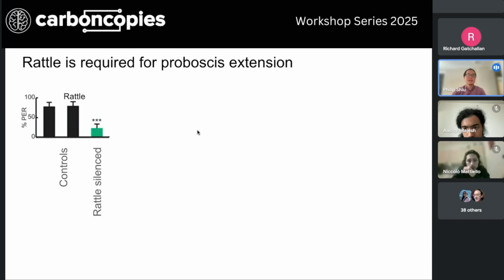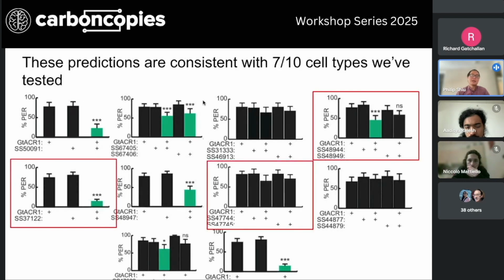But when we silence Rattle, flies are much less likely to extend their proboscis. So basically, the computational model predicted that Rattle would be required for motor neuron 9 activation, and in fact, our experimental results confirmed this. And in general, the predictions are consistent across 7 out of 10 cell types that we've tested.